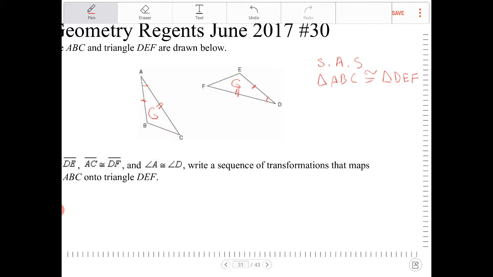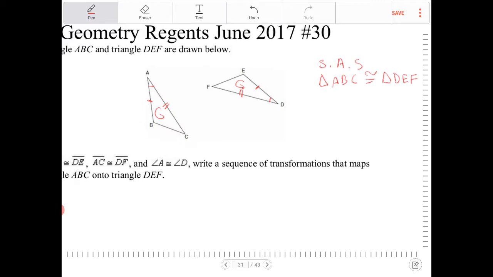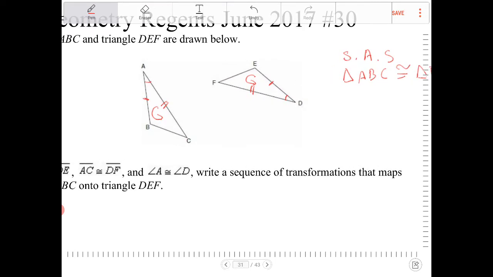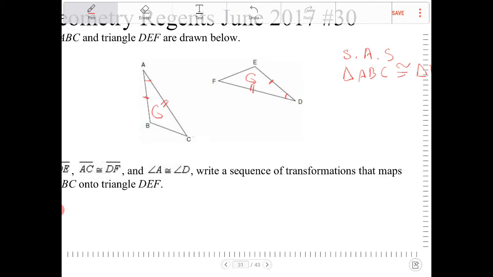Now we can rotate this triangle over any point. I'm just going to pick one point, and the point that I pick may be different from yours. So I'm going to pick point C, and when I rotate this, I am going to try my darndest to draw the triangle so that all the sides appear to be parallel to one another.